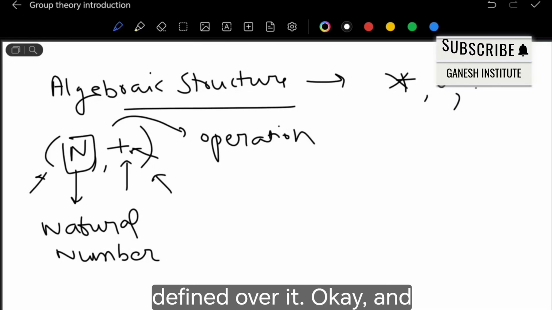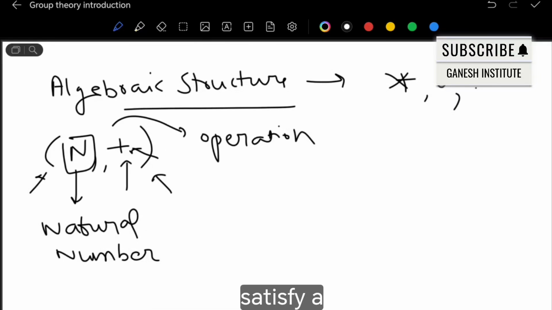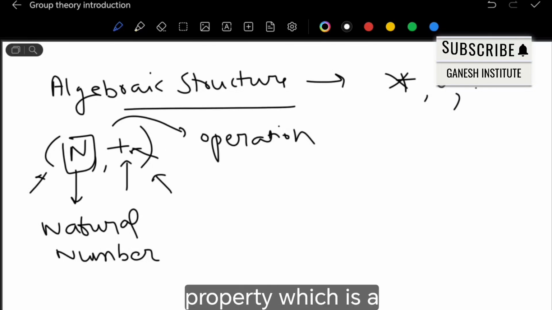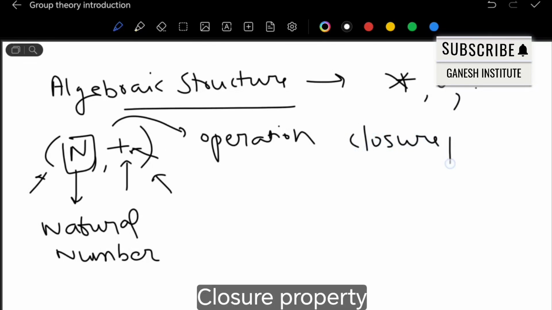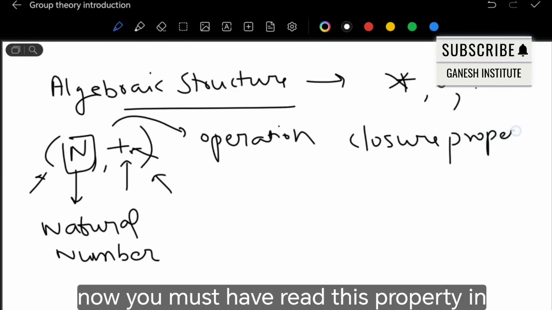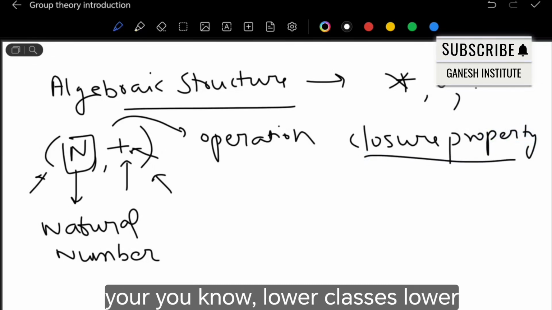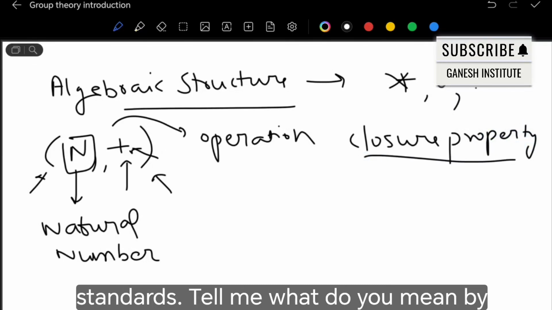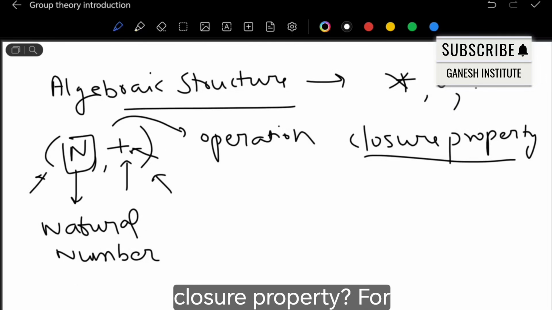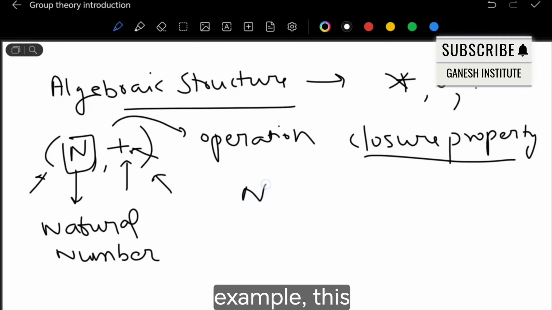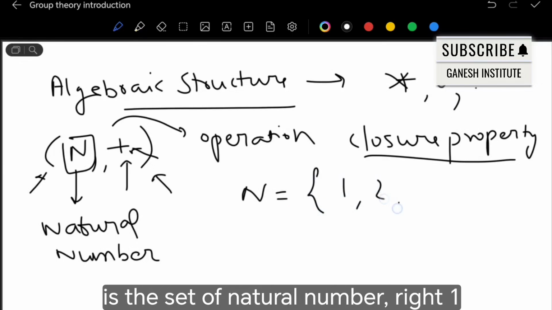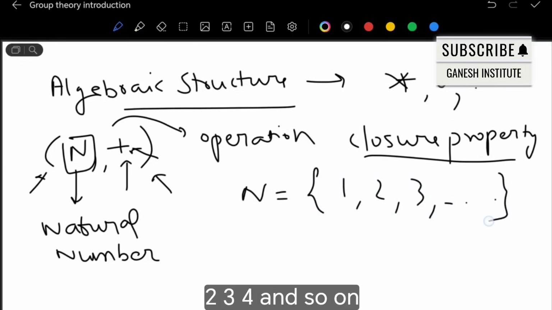Okay. And it has to satisfy a property, which is the closure property. Now, you must have read this property in your lower classes, lower standards. Tell me, what do you mean by closure property? For example, this is the set of natural numbers, right? 1, 2, 3, 4, and so on.